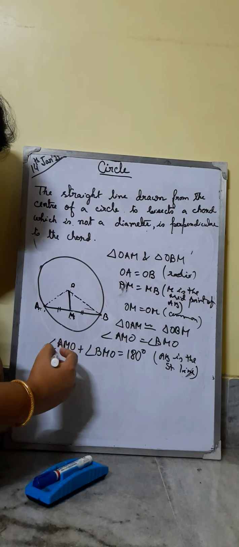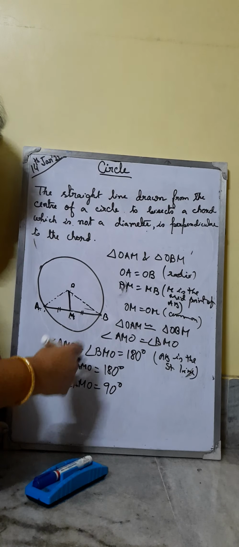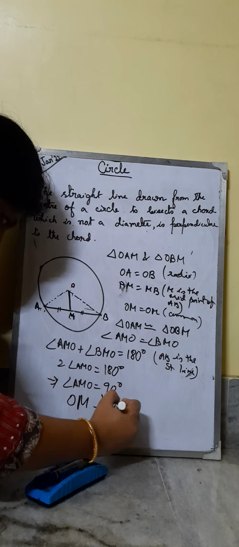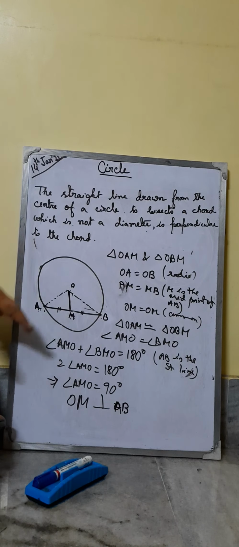So we can say that in place of AMO, if we write BMO, 2 AMO equals 180 degrees, or you can say that AMO equals 90 degrees. So AMO equals 90 degrees and BMO is also 90 degrees, and we can say that OM is perpendicular on AB, right? Okay. Now, I will discuss the converse theorem of this.